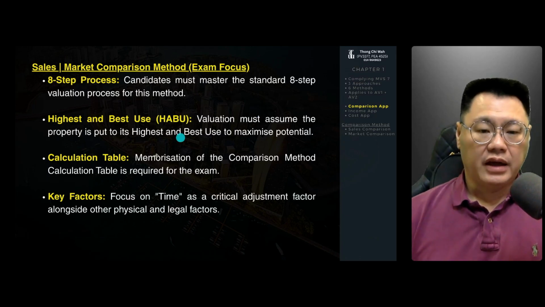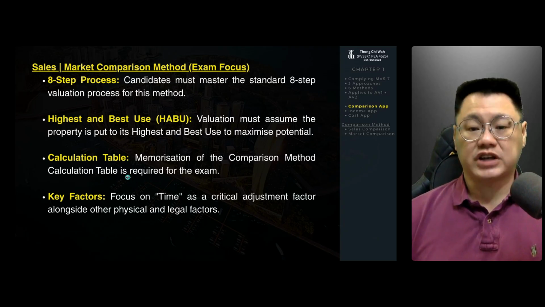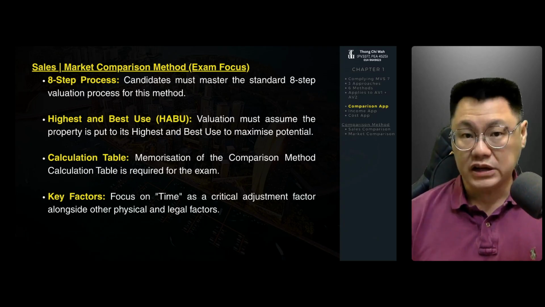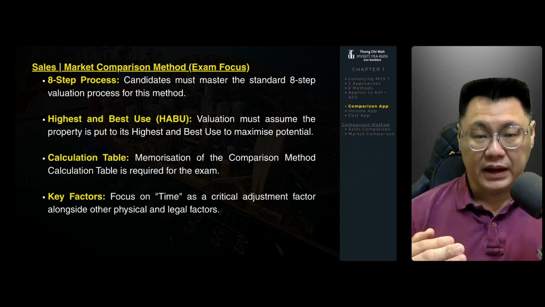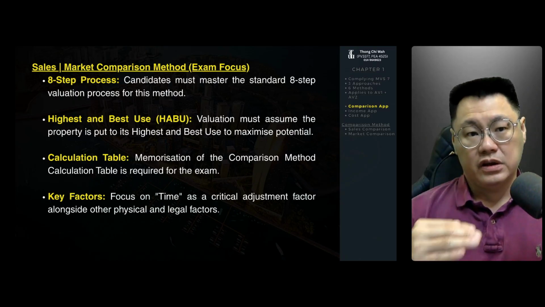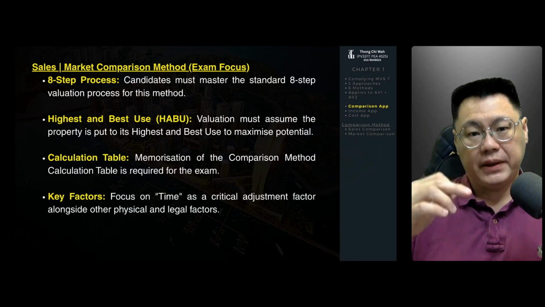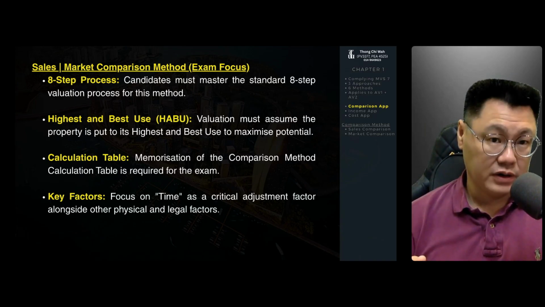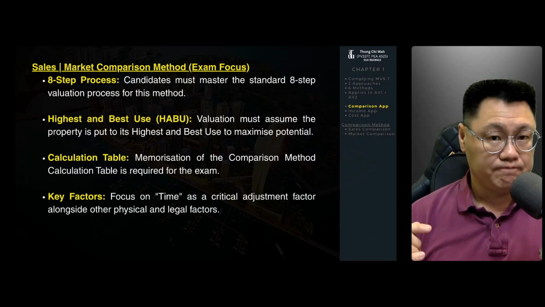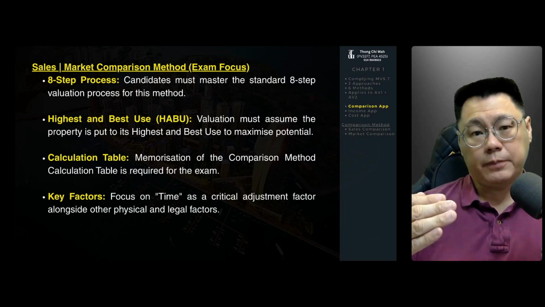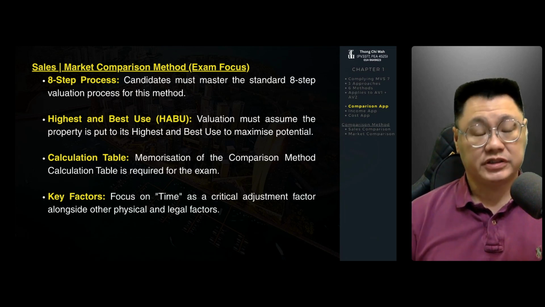And then, of course, the key factor: focus on time as a critical adjustment factor, along with other physical and legal factors. Meaning, in the earlier case you saw the one on Jalan Pinggaran 2/5, right? It happens to be the exact road of the subject property, but the data provided by JPPH was from 2017.